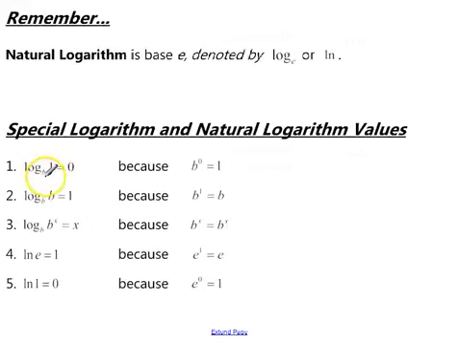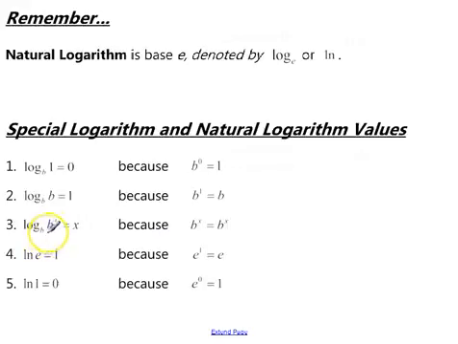Log base b of 1 equals 0 because any number raised to the 0 power equals 1. Log base b of b: if the number for the base and the number here are the same, the answer will always equal 1, because when you convert this, b to the first power equals b.